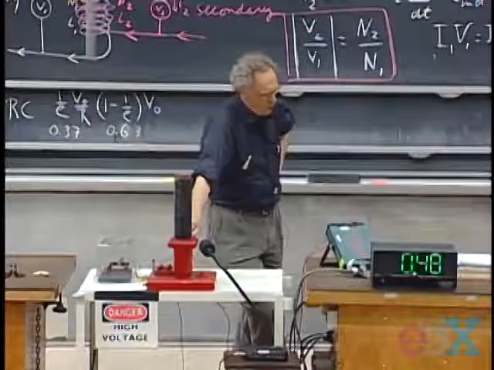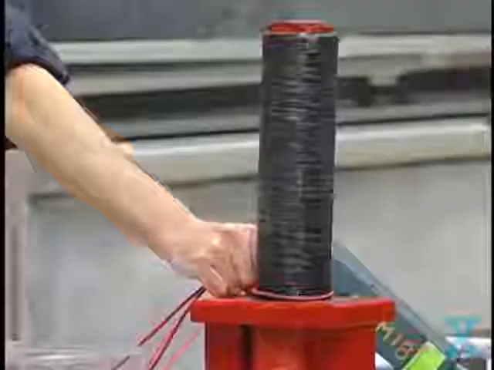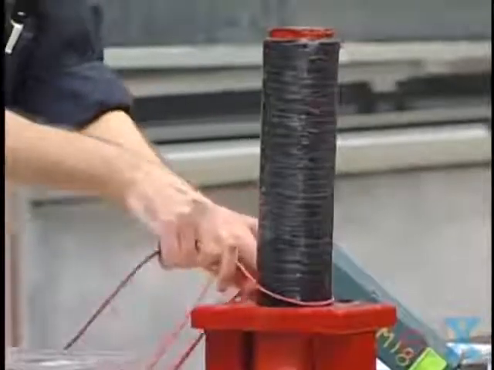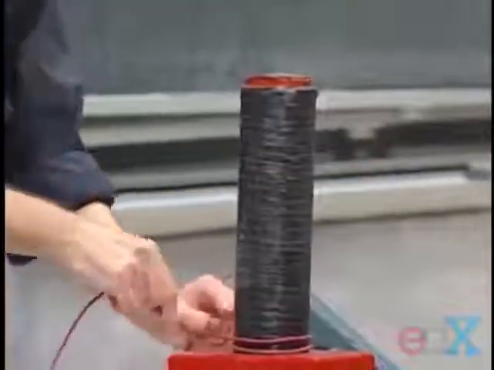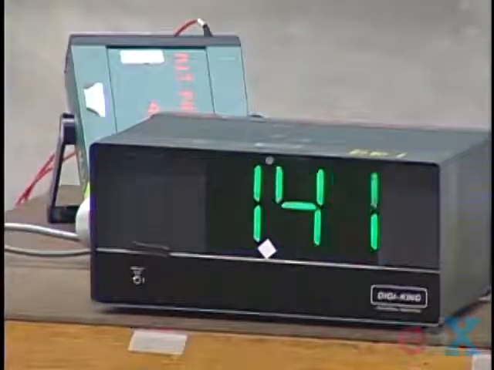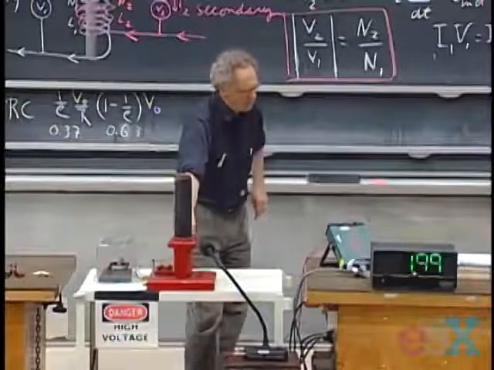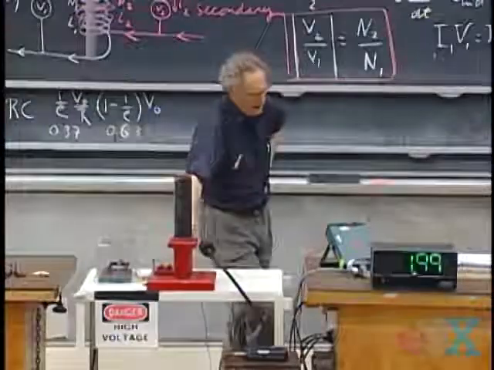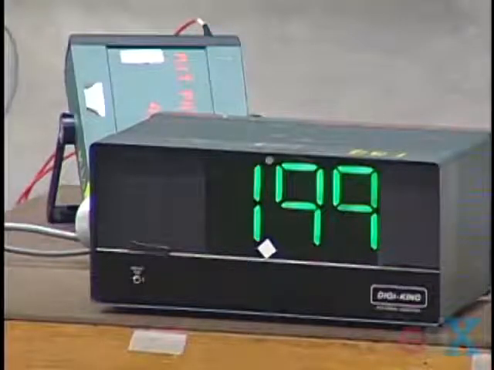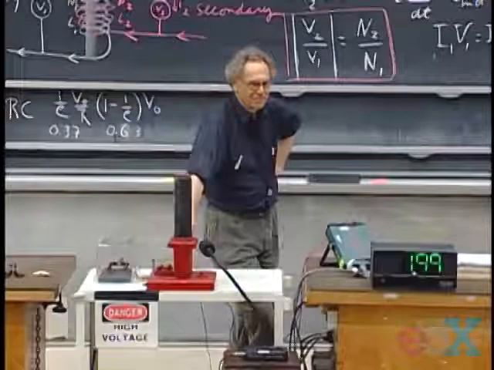I measure 0.48 volts. That's not bad. Now I put 2, 3, 4 around it. What do I see now? I see 1.996. You may not see the 6. It's very close to 2.